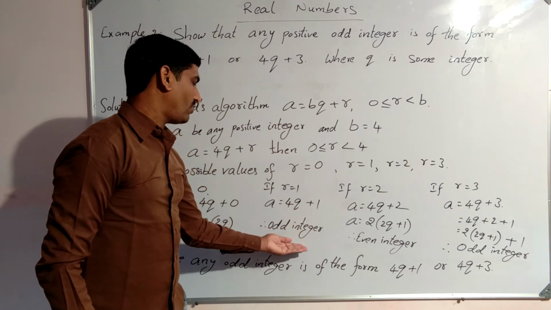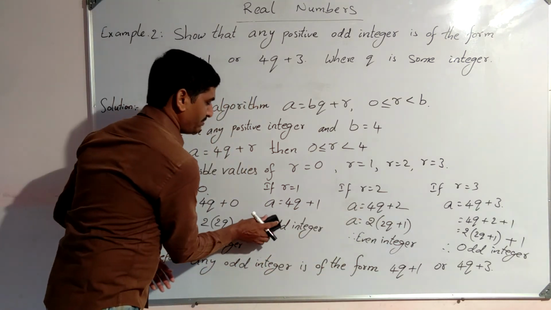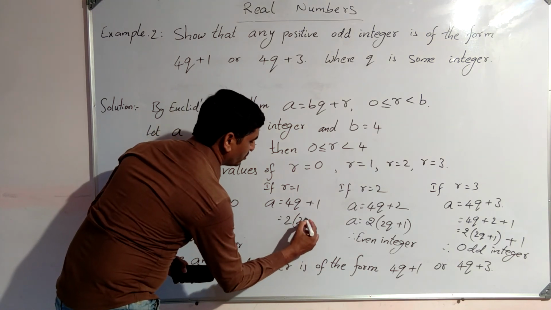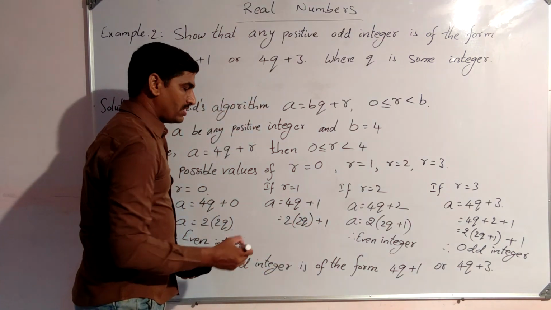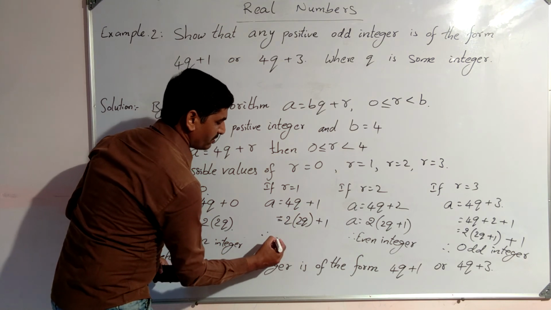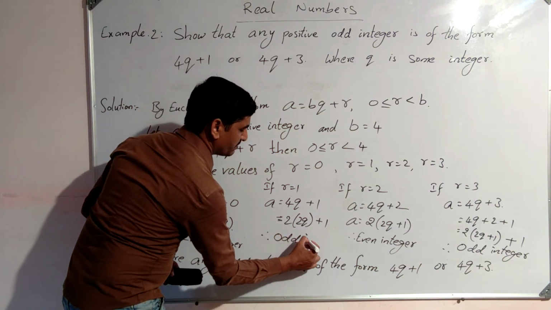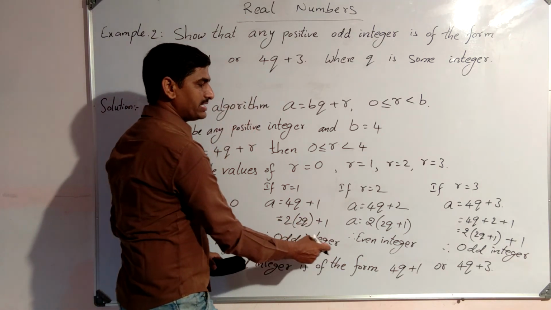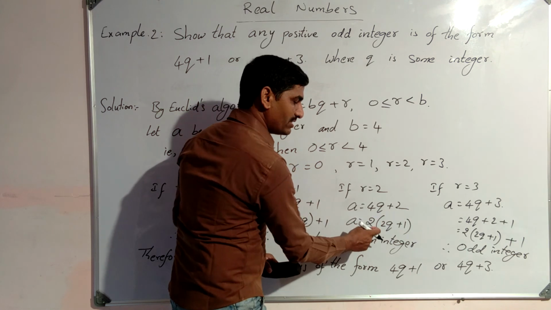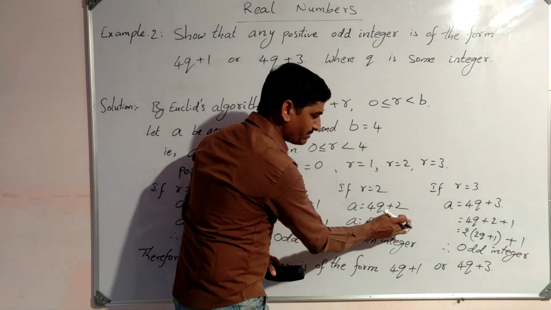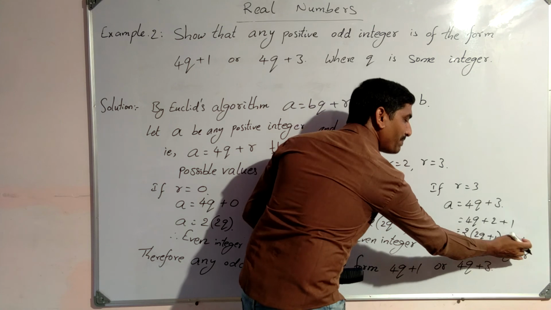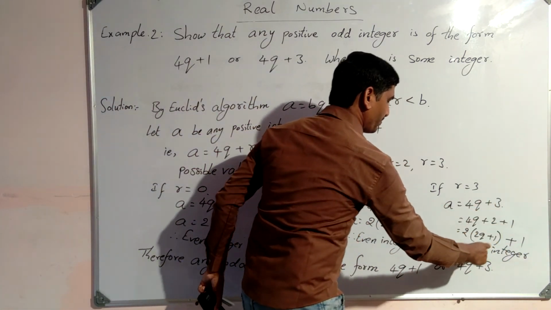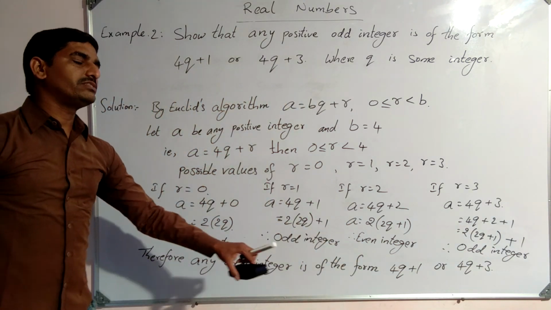We can write 2 into 2q plus 1, plus 1, which is an odd integer, with the complete bracket being the something. Therefore, 2 into something is an even integer and 2 into something plus 1 is an odd integer. Therefore, these are the results: 4q plus 1 and 4q plus 3. These two are the odd integers.